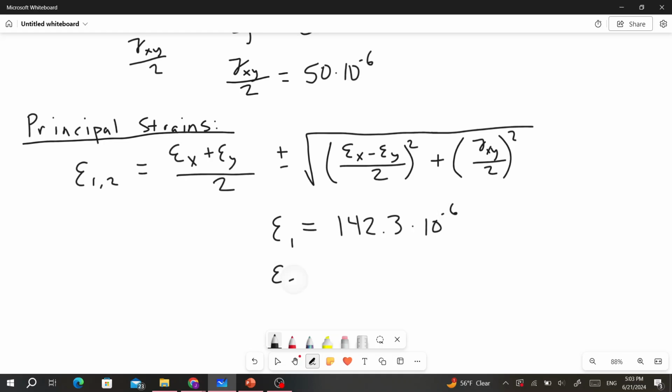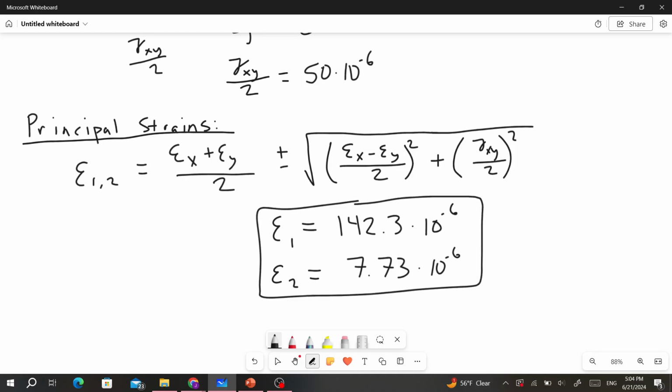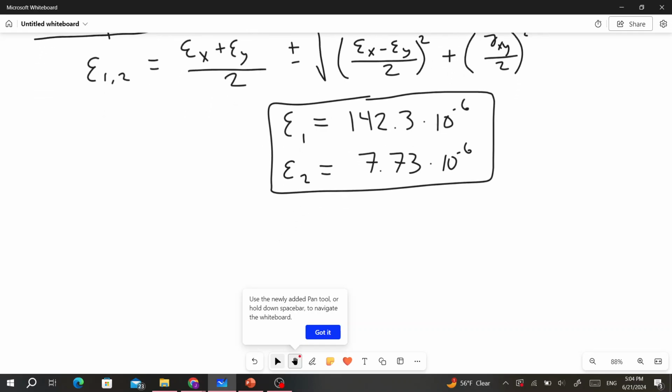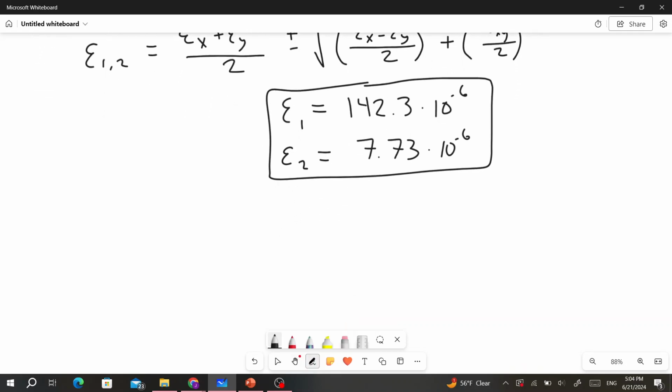And epsilon 2 is equal to 7.73 microstrain. So now we want to know at what angles the planes of these maximum and minimum principal strains occur. And again, this is the same process as principal stress, or a similar equation, I should say.